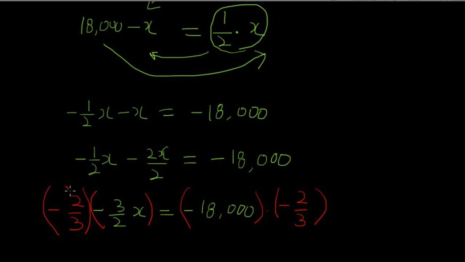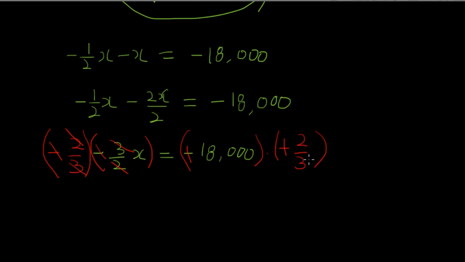In doing so, we can cancel this, even the negative sign, and this negative sign will cancel out, and this 3 will cancel out with this, and we get 6,000. So our final answer, our x, is going to be 6,000 times 2, $12,000. Okay, so that's x.